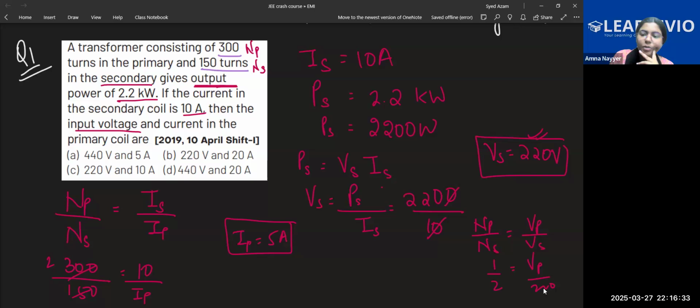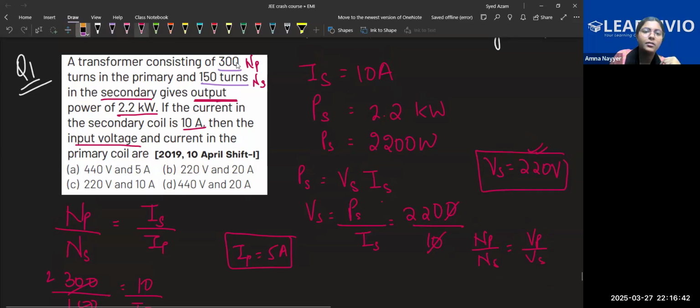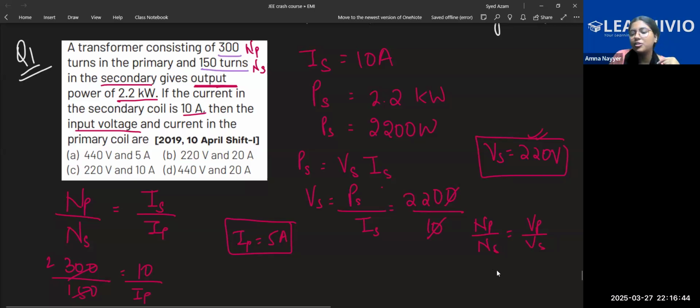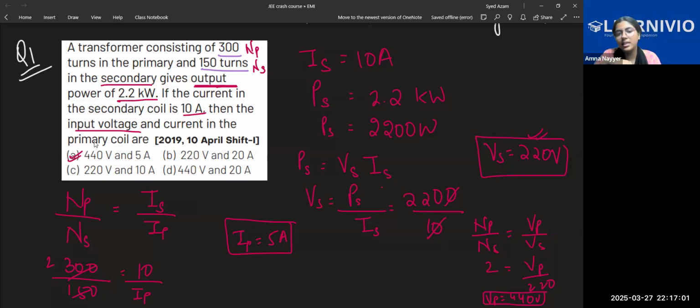So double of it, this is 2 by 1, 2 into 220 we will get, 440. So 2 is equal to Vp by 220. So Vp was asked, that is 440. So the answer will be A option. I calculated for secondary and I stopped, but the question asked for input voltage. So using that, you can calculate for this.